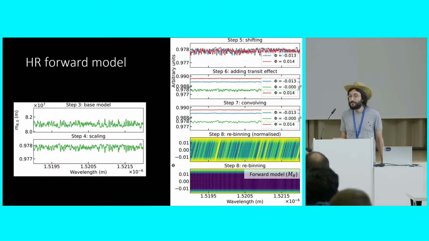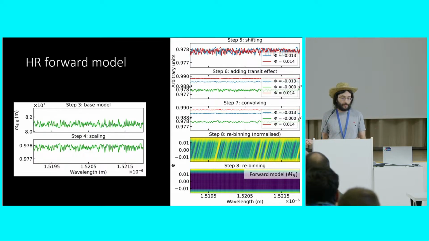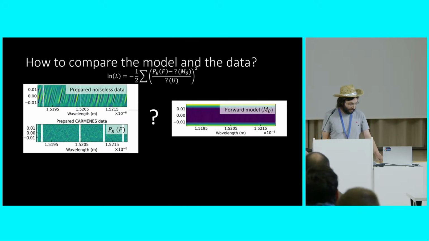Now for the forward model, I won't go into the detail, but this is how we model all of the operations that we do for the forward model. The most important thing is that at the end, we end up with a forward model that looks like the last row on the figure on the right behind me.